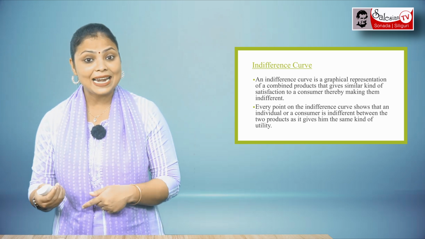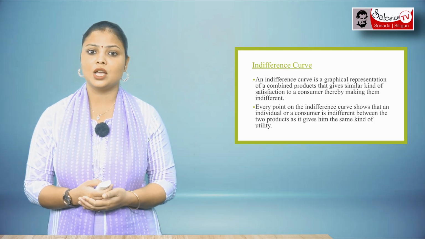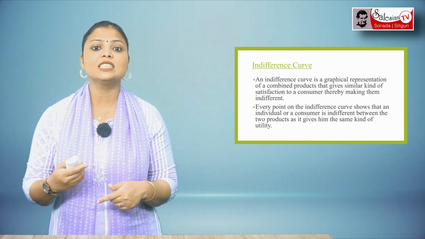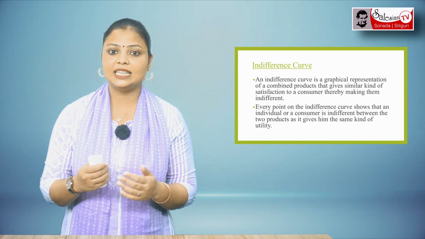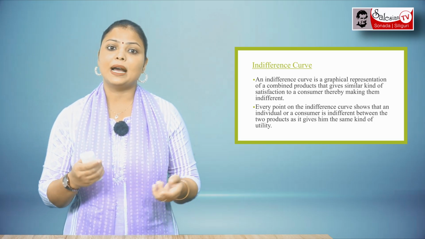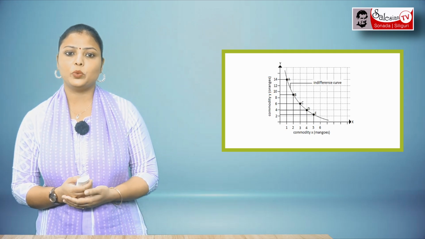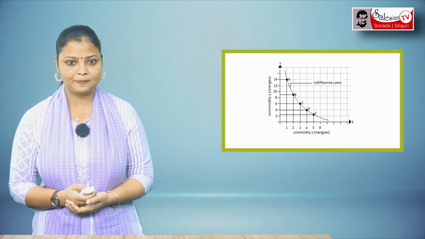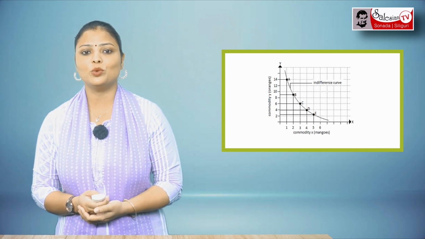Further, when we combine X being 3 units and Y being 5 units, we can go on with these combinations. We can then convert the indifference schedule into an indifference curve by plotting combinations on a graph. So, after plotting, we get a graph like this, which is downward sloping and convex to the origin.